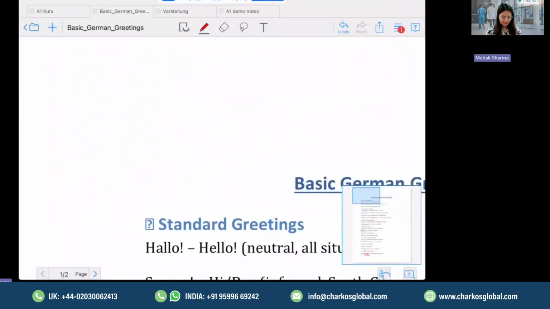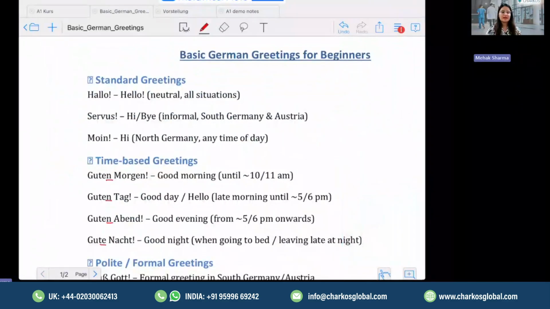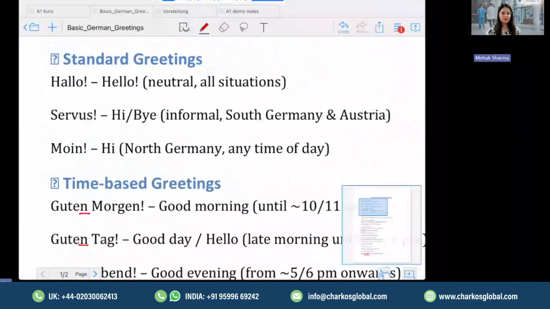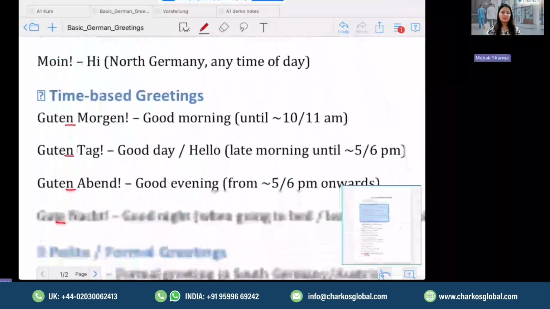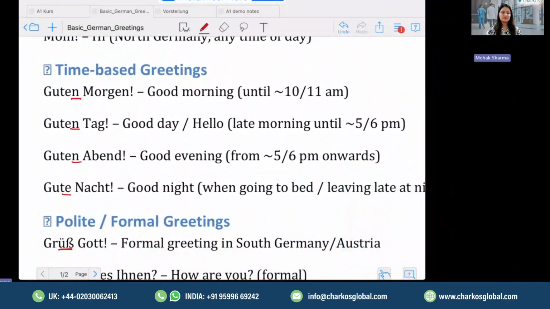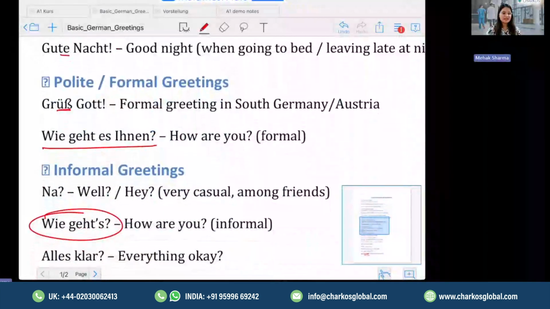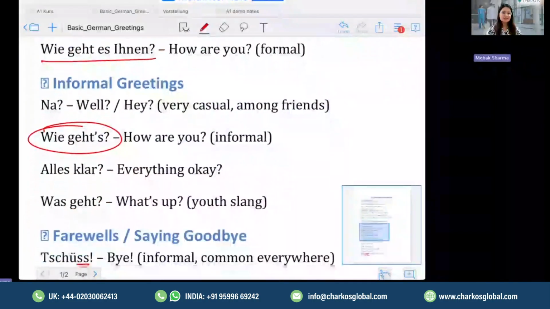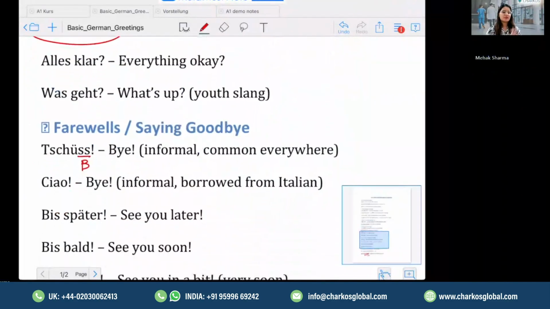And that's it for the basic German greetings. Let's just quickly revise them. Hallo, Servus, Moin, Guten Morgen, Guten Tag, Guten Abend, Gute Nacht, Grüß Gott, wie geht es Ihnen? Na, wie geht's? Alles klar? Was geht?